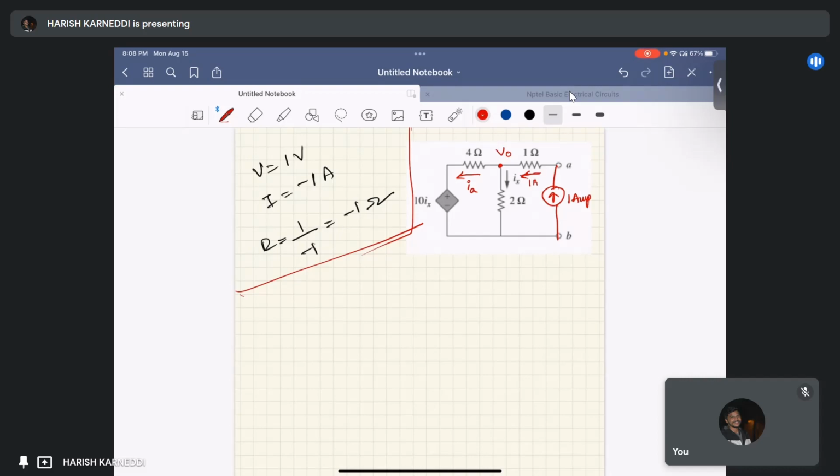From the nodal analysis, that is from the KCL at V naught, 1 ampere equal to Ix plus Ia. Ia equal to 1 minus Ix. We can write like this.